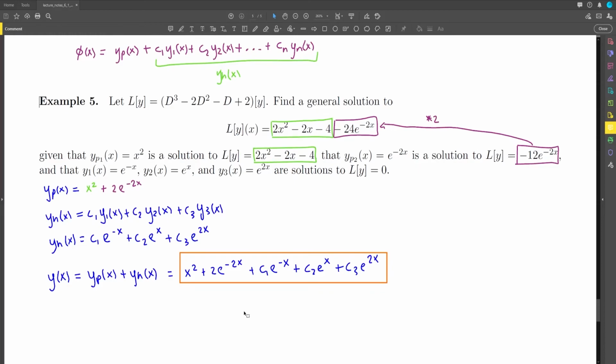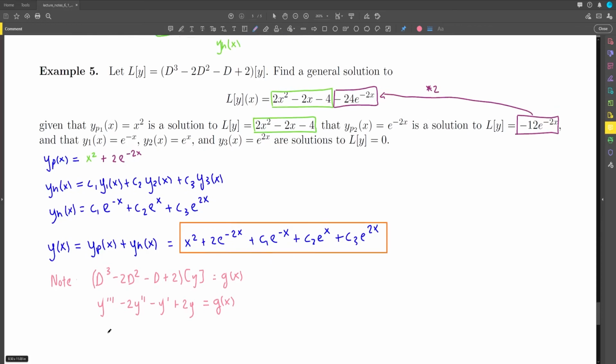Now, something to note, and this is what we'll see later on in other videos: when we have the differential equation d cubed minus 2d squared minus d plus 2 acting on y equals g of x, another way of writing that is y triple prime minus 2y double prime minus y prime plus 2y equals g of x.